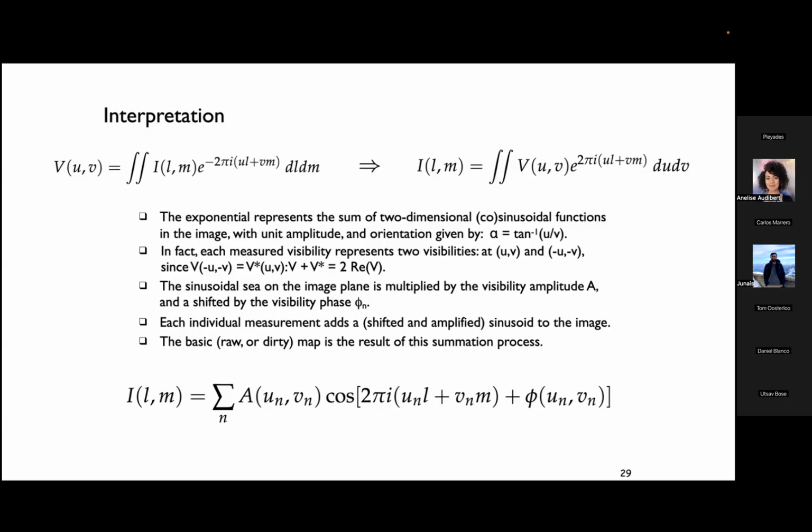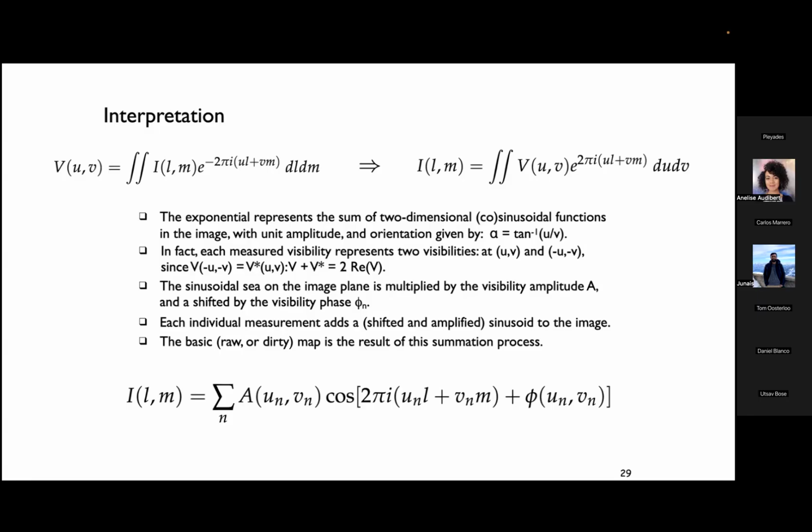So if telescopes 1 and 2 have coordinates u, v, then 2 and 1 have coordinates -u, -v. So at every single time step, you get 2 points in your UV plane. The amplitude is of course the same, but the relative arrival time is opposite, so the phase is opposite. So if you measure the phase at one point of the UV plane, automatically at the same time you measure the same visibility but with the opposite phase.